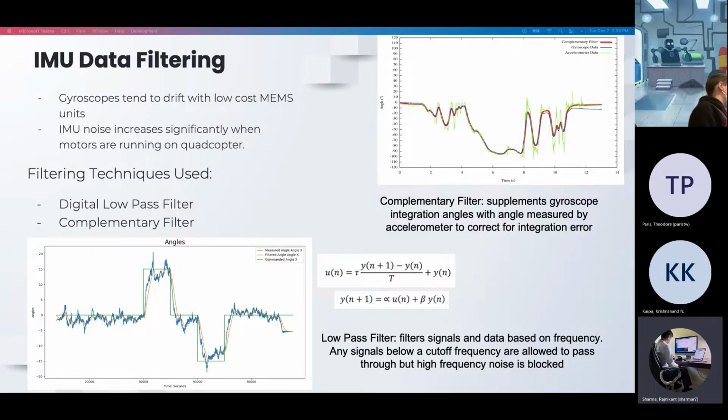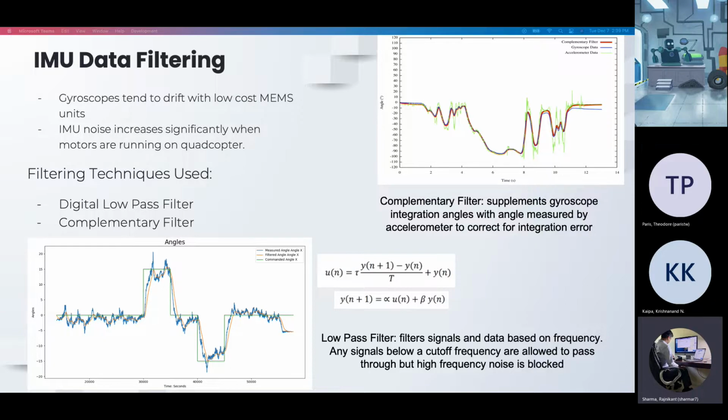And then IMU noise was obviously a big issue as well. Gyroscopes tend to drift pretty heavily, especially when you have cheap MEMS units like us. So we use what's called a complementary filter, which complements the gyroscope angular data with accelerometer data.